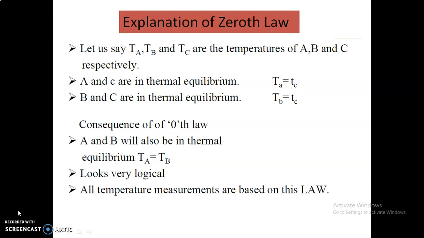As a consequence of the zeroth law, A and B will also be in thermal equilibrium, TA is equal to TB. Looks very logical. All temperature measurements are based on this law. As I already told you, the zeroth law is the basis of temperature measurement. So this is something about the zeroth law of thermodynamics.